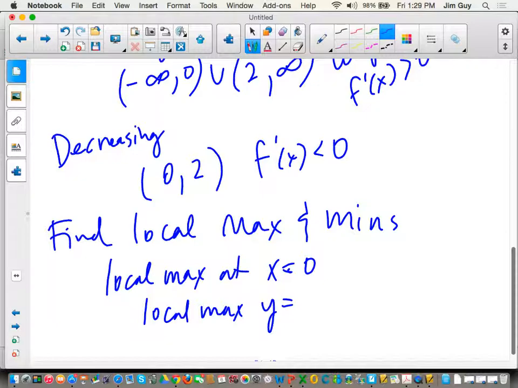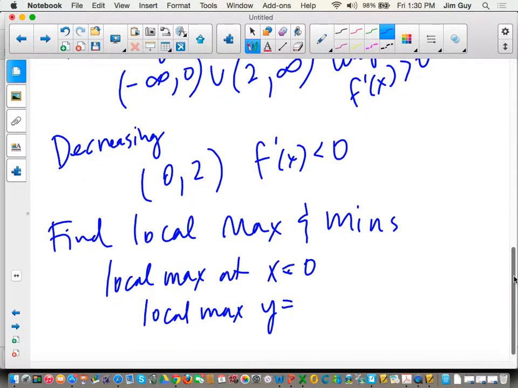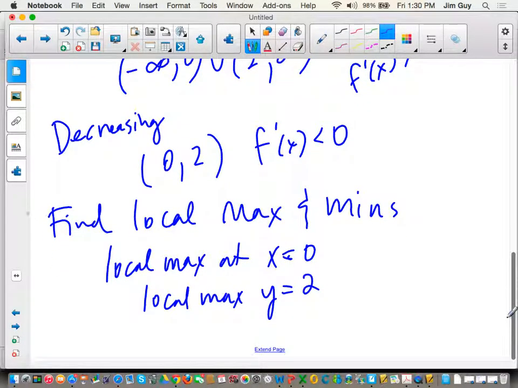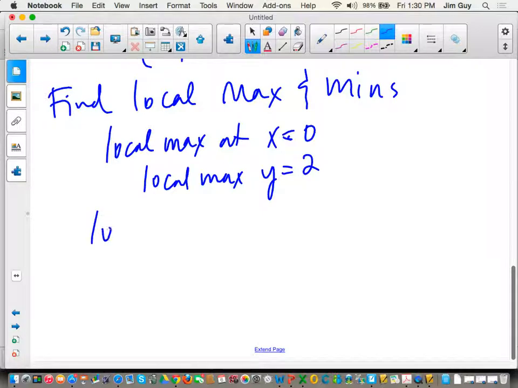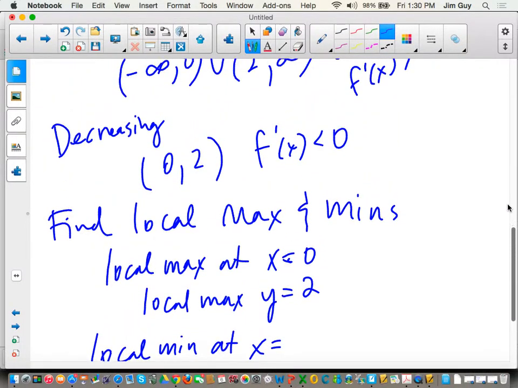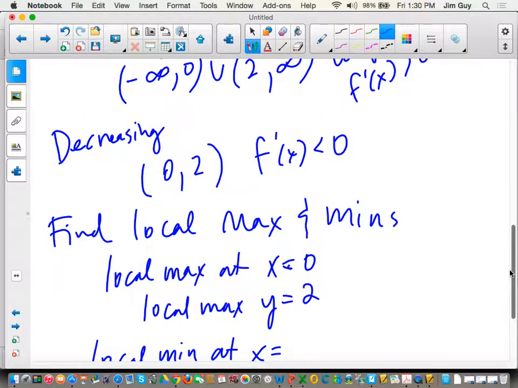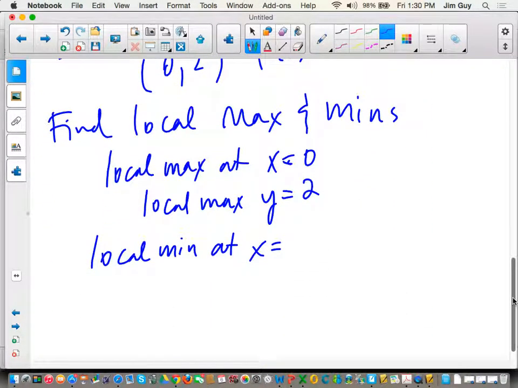And how would I find the y value at 0? The original equation. 0 minus 0 plus 2, I get 2. So that's the local maximum value. And the local minimum value, we can tell here, is at x equals 2.